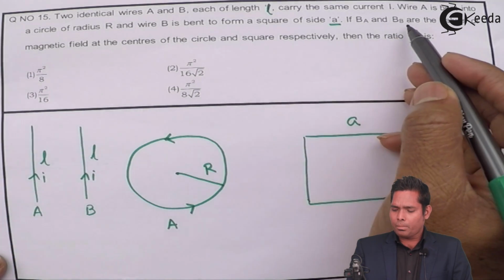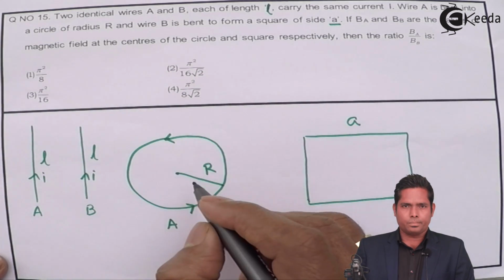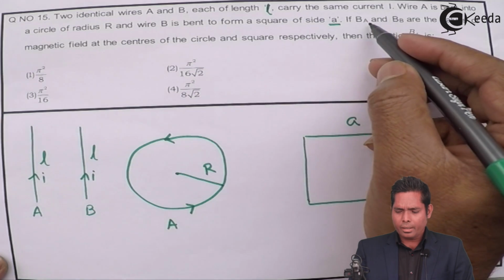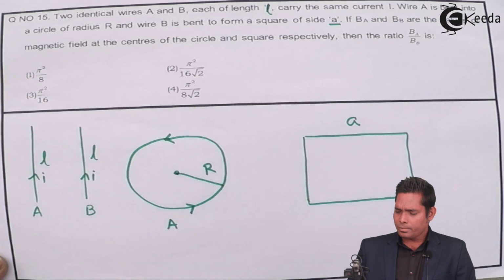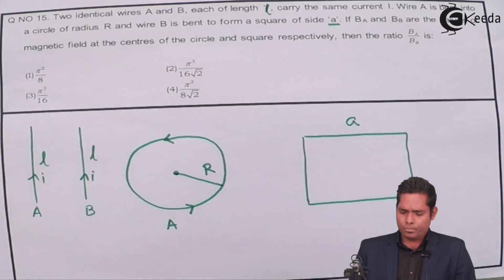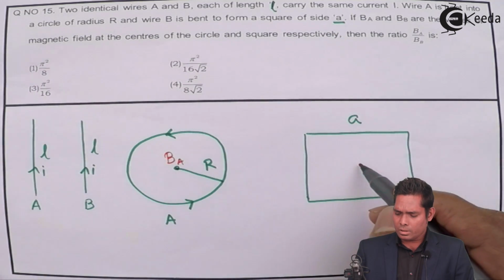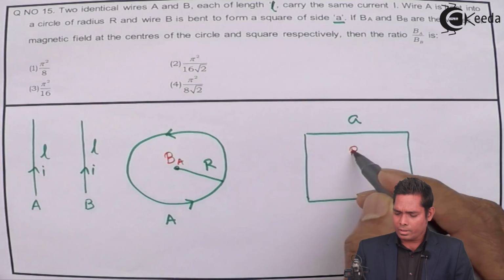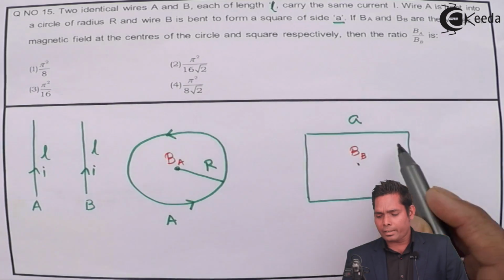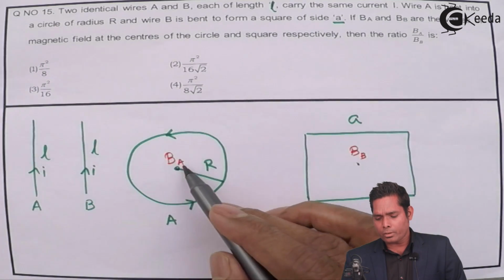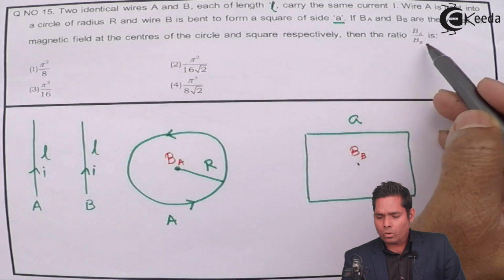If BA and BB are the values of the magnetic field at the center of the circle and the square respectively, so at the center of the circle the magnetic field is B of A, the magnetic field of wire A, and for the square the magnetic field at its center is B of B, the magnetic field of wire B. Then what is the ratio of BA upon BB?